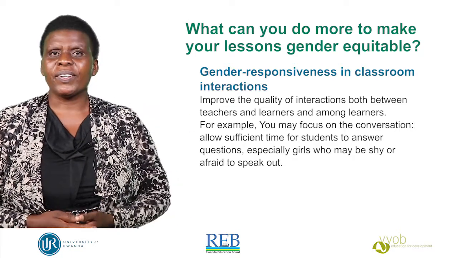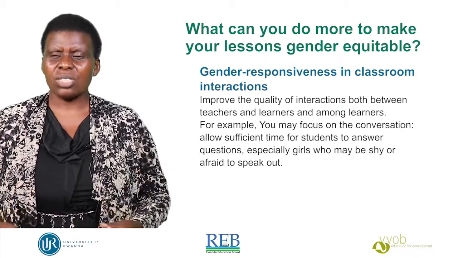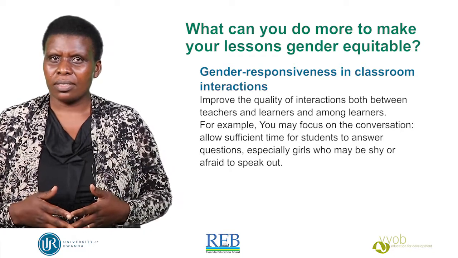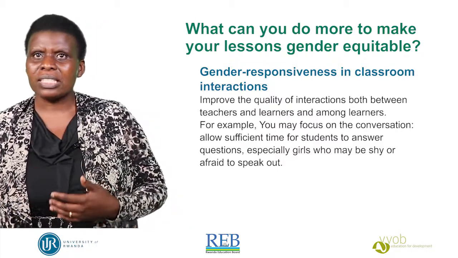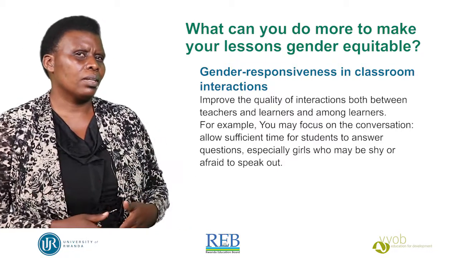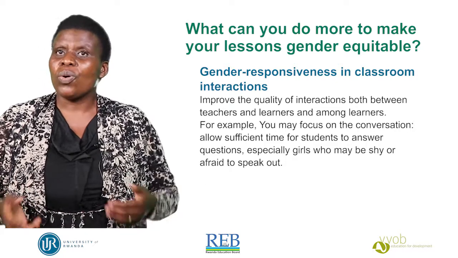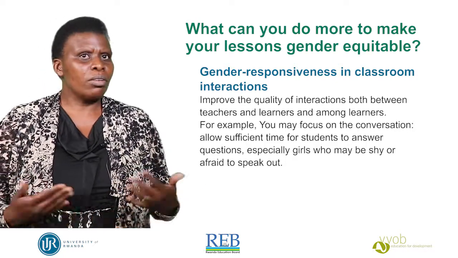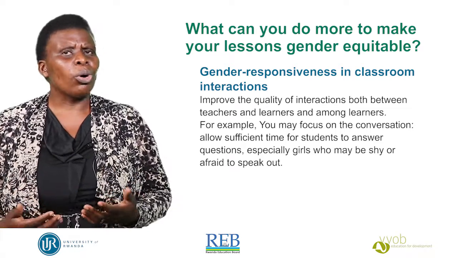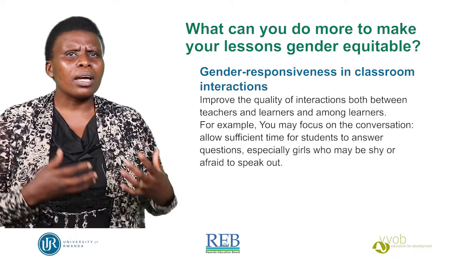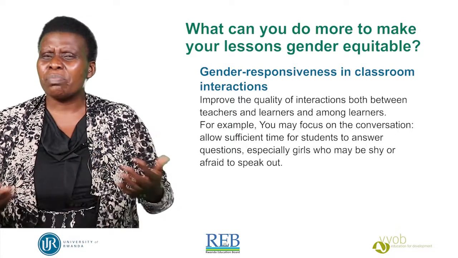For example, you may focus on the conversation. Allow sufficient time for students to answer questions, especially girls who may be shy or afraid to speak out. Also, you may mix both girls and boys in group activities.